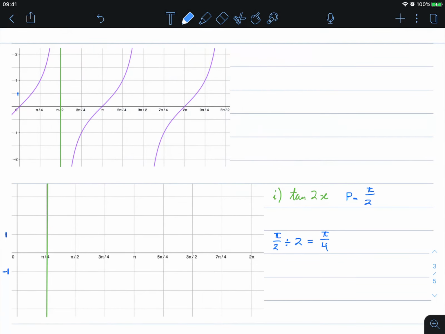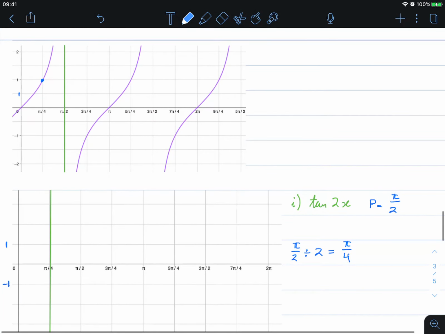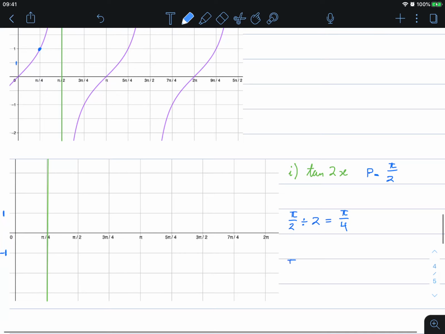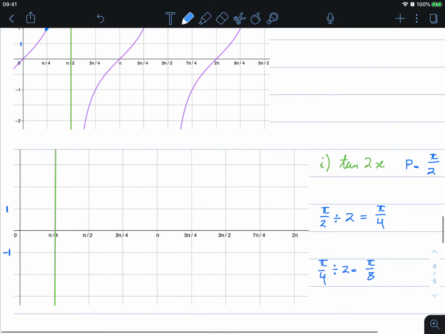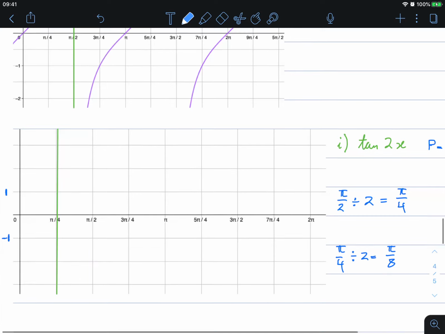The next critical point we should find is this point here, 1. So it's originally at pi on 4, and we're going to halve that, which becomes pi on 8. Pi on 8 is halfway between 0 and pi on 4.